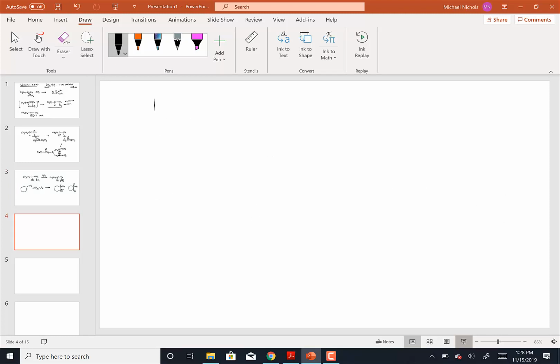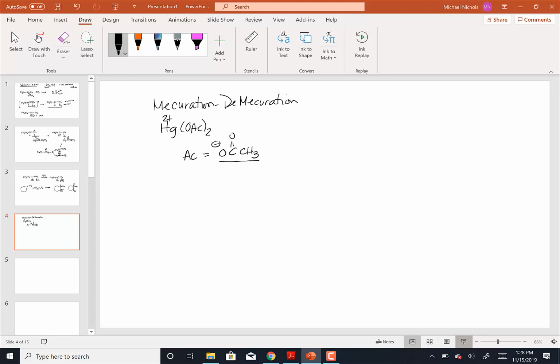So this is called mercuration, demercuration. And so mercuration, demercuration, we're going to add a molecule called mercury acetate. And the acetate is the deprotonated form of acetic acid, which is the 2-carbon carboxylic acid. So there are 2 of these anions attached to a mercury 2+, so that it balances out.